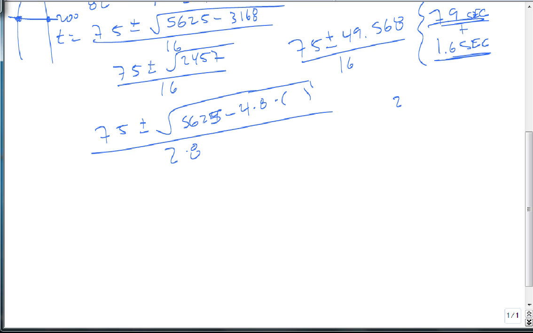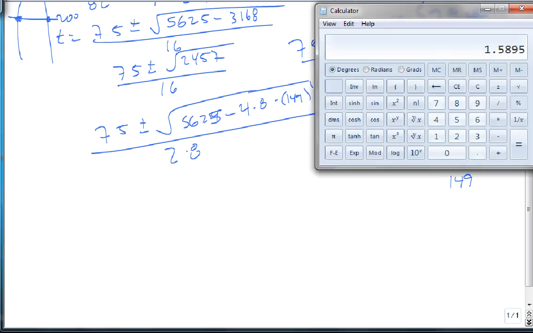So the 200 minus 2 became 198, divided by 2 became 99. 300 minus 2 is 298, divided by 2 becomes 149. So we plug a 149 in here, and we get our calculator back out.